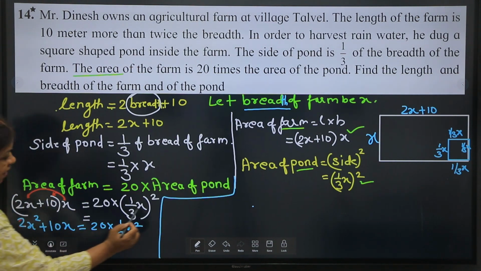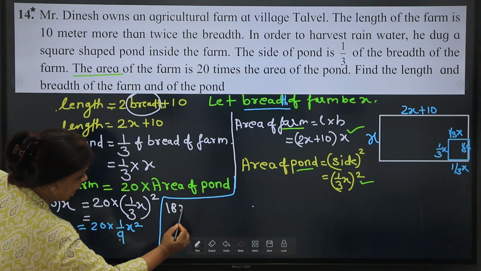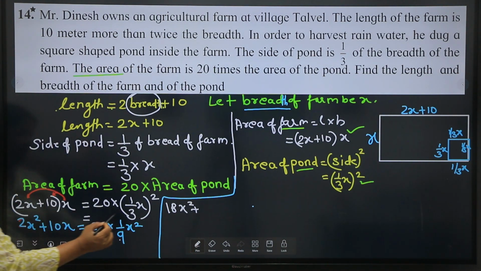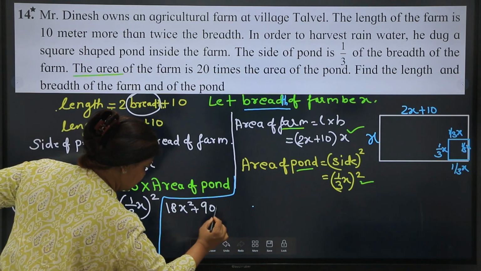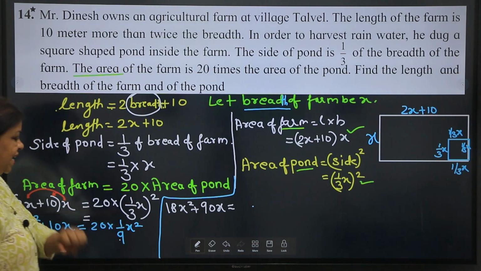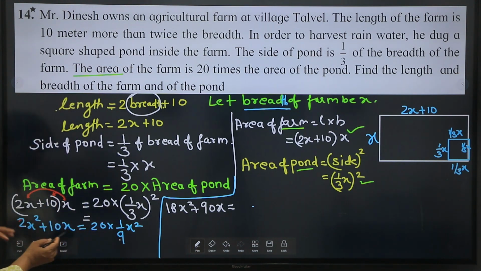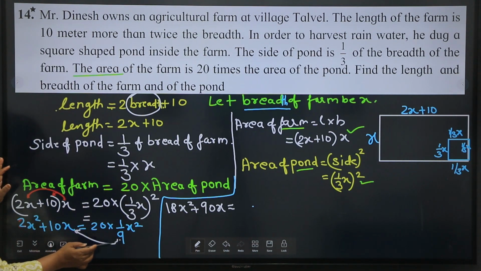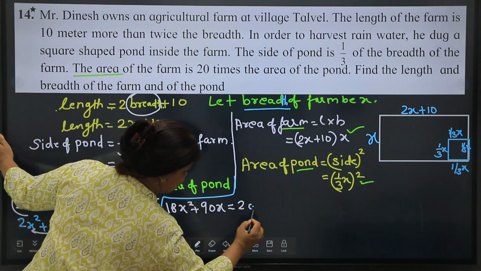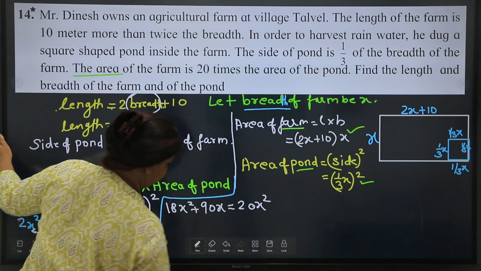So 9 2s are 18x square plus 9 10s are 90x is equal to 20x square, because 9 goes up and multiplies with them. So left is 20x square.